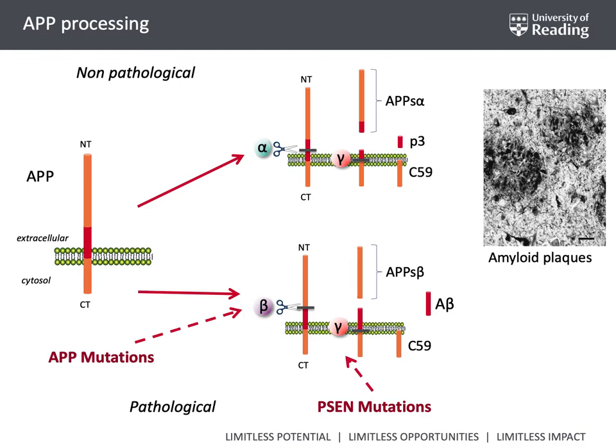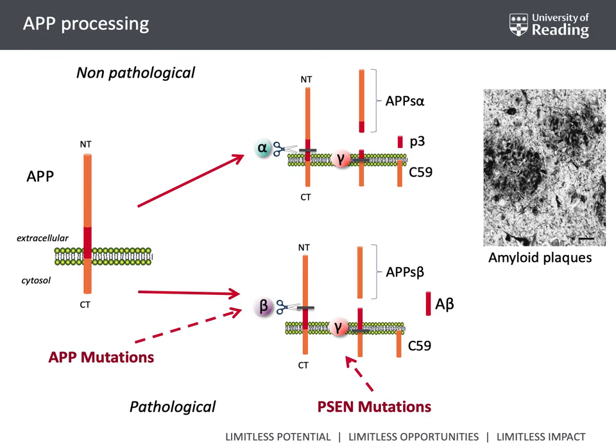There's 2 routes that it can take. As we sit here, hopefully our brains are processing it down the non-pathological pathway. So this APP is converted with alpha secretase and then gamma secretase. These are enzymes that cleave this amyloid precursor protein, and as you can see, it cleaves it at different points.